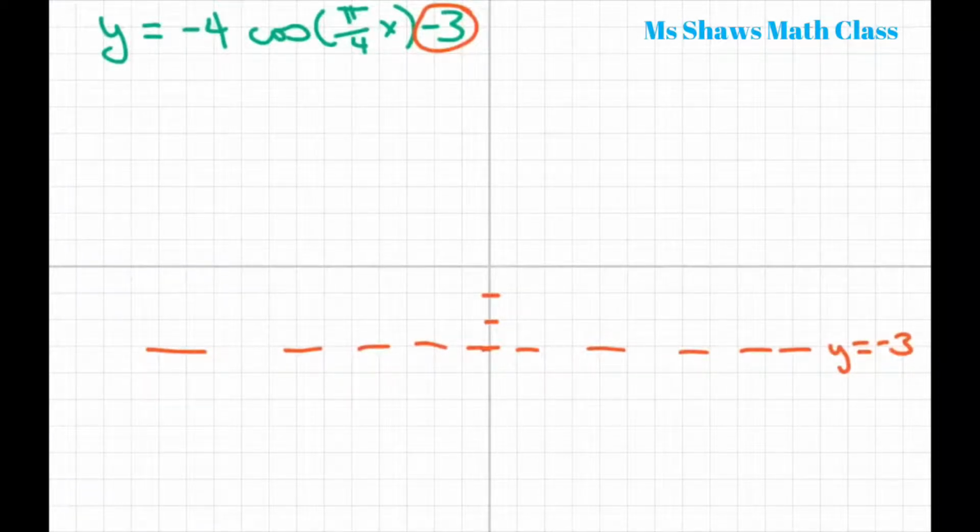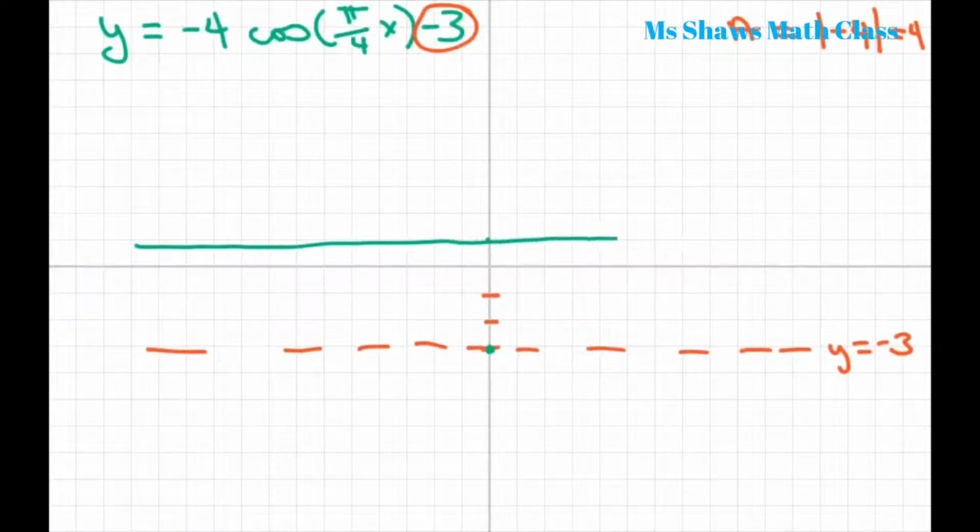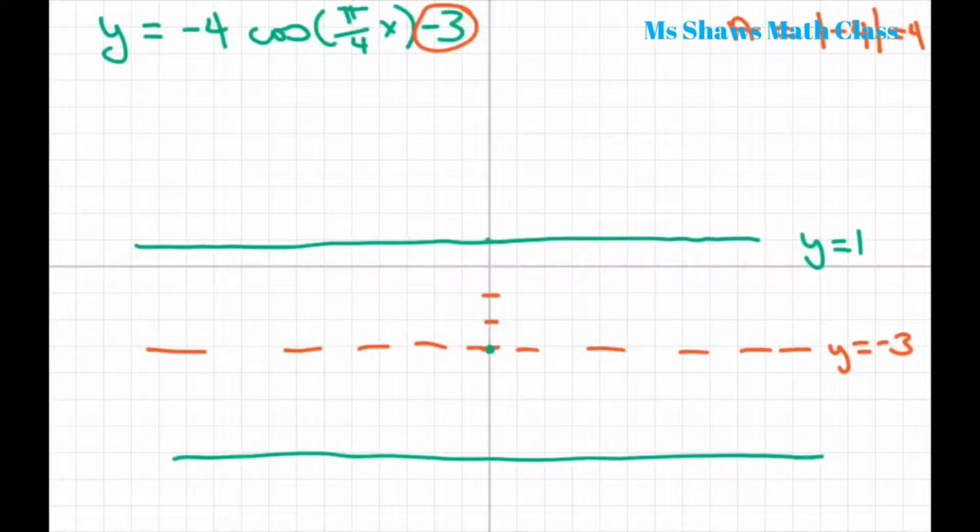Now our amplitude is absolute value of -4, which is 4. So when I graph this, I'm going to be going from my new center line up 4, which would be y equals 1, and down 4, which is y equals -7.